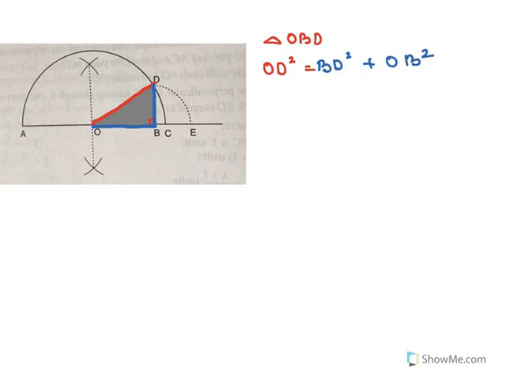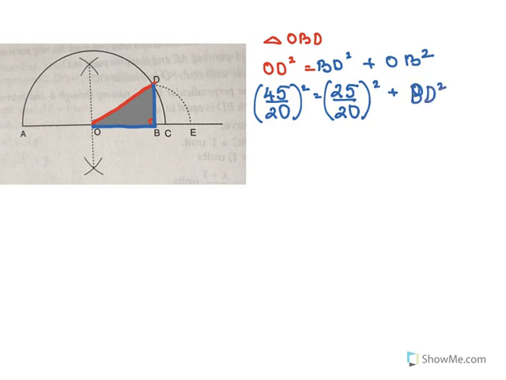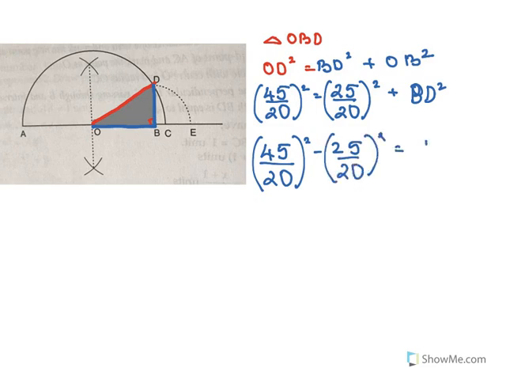Now OD was a radius, and the radius we know was 45 by 20 the whole square. Then OB also we found out as 25 by 20 the whole square plus BD square. BD square is what we need to find. So we take it on the other side, so 45 over 20 the whole square minus 25 over 20 the whole square equal to BD square.